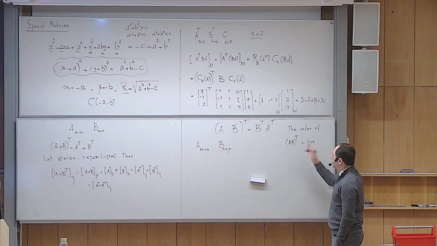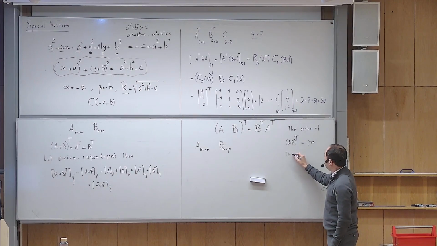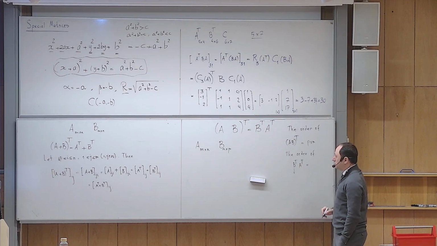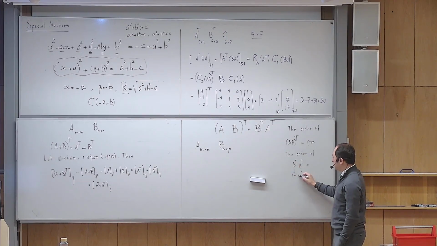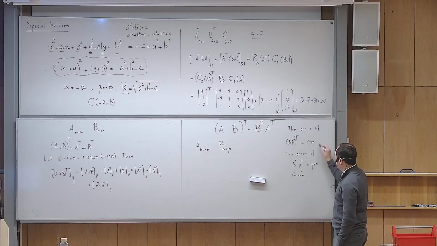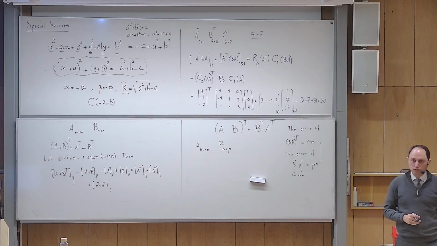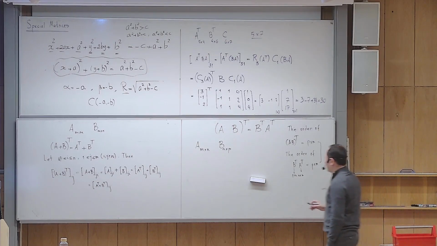But let us calculate the order of B transpose A transpose. The order of B transpose is p by n. The order of A transpose is n by m. If you multiply them, the order becomes again p by m, and they match. So from the order point of view, the orders are exactly the same.